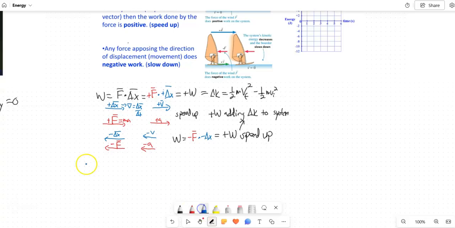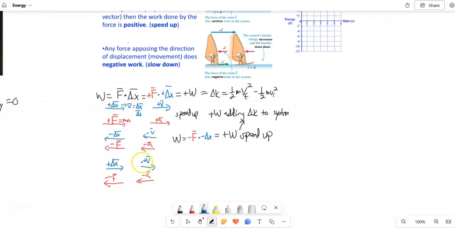So if you are moving to the right and you have a positive displacement, but something's pushing you to the left, which is going to be a negative force, well, that essentially is going to be a negative acceleration, but you have a positive velocity vector.